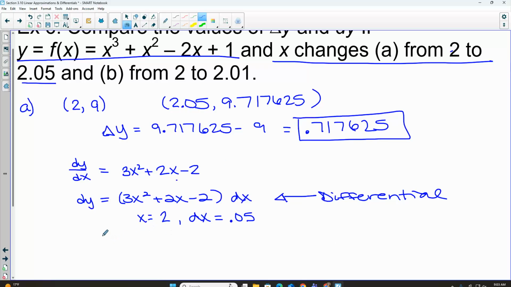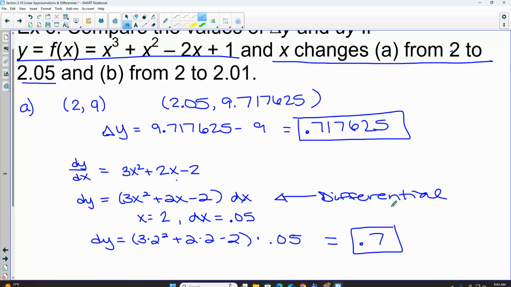So if I plug that in, I get 0.7. So my actual change in y was 0.717625.